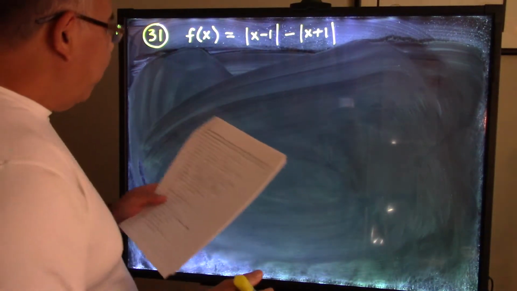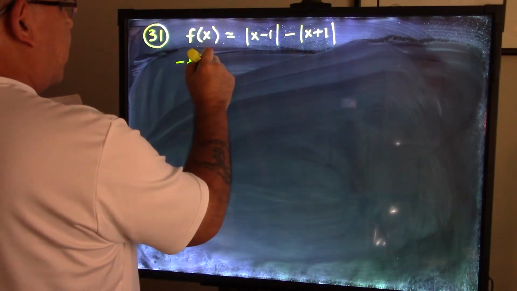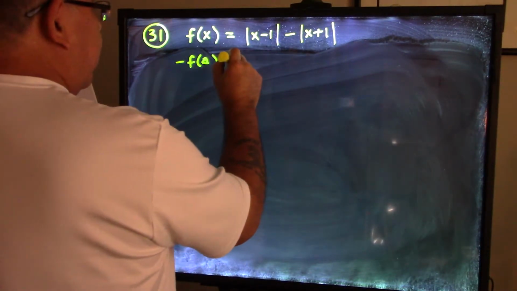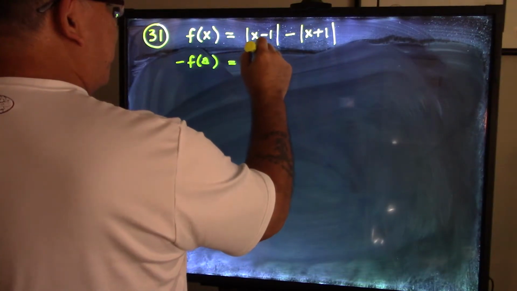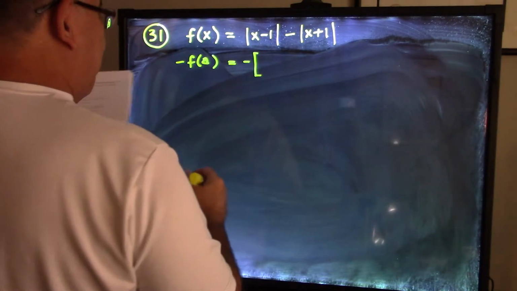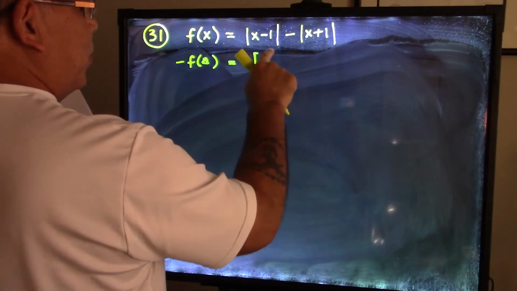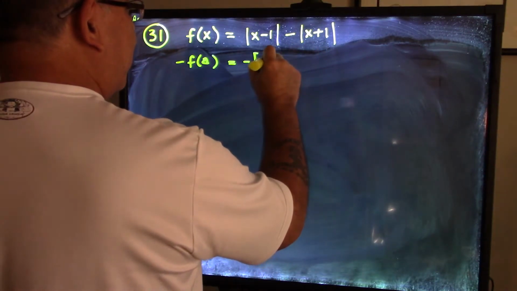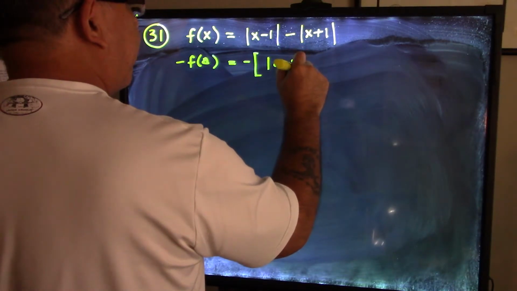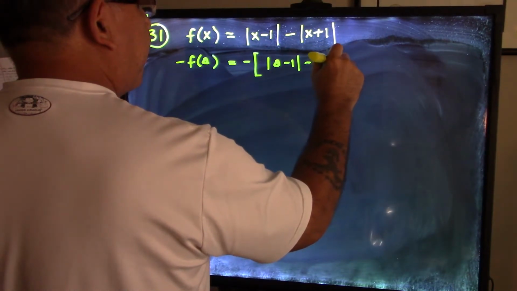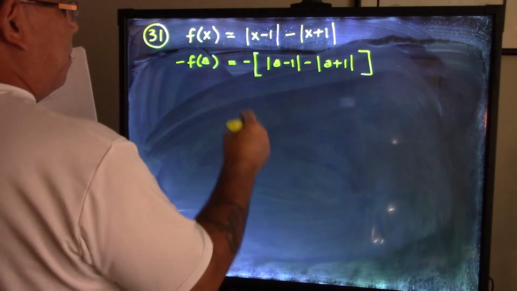So we have negative f of a. So you put a negative in front of everything involving f of a here. I'll put brackets there. And you've got f of a, that's absolute value of a minus 1 minus absolute value of a plus 1. Or you could use parentheses too.